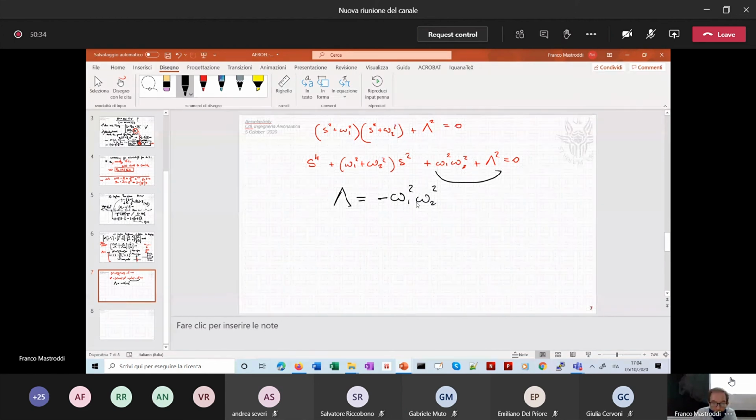So this number is a negative number. So there is not any physical solution able to give you a static instability, which means a zero pole, for the panel flutter.